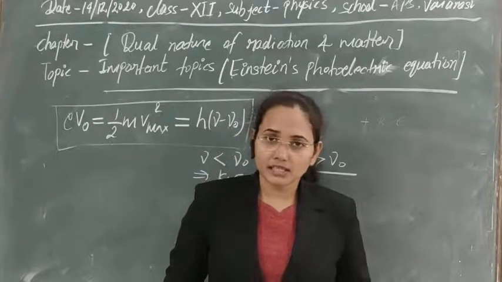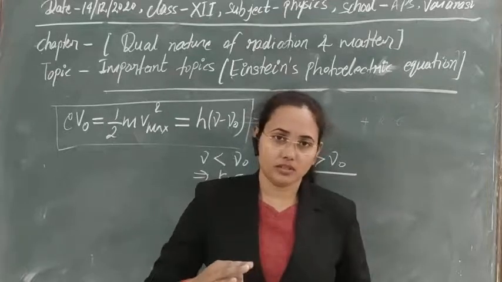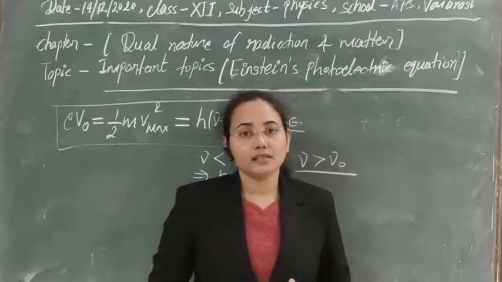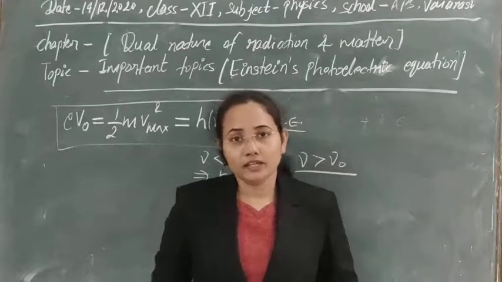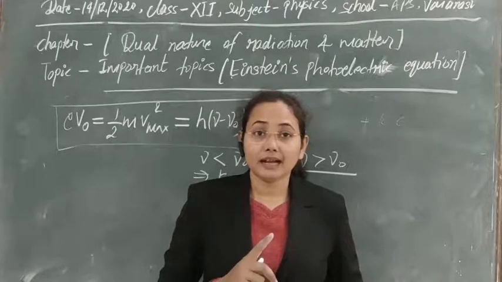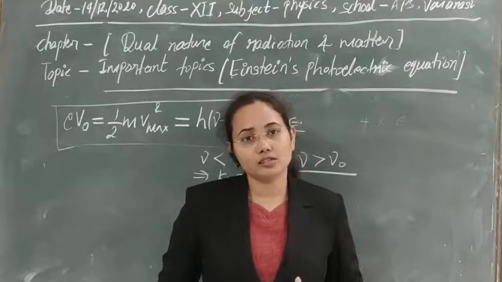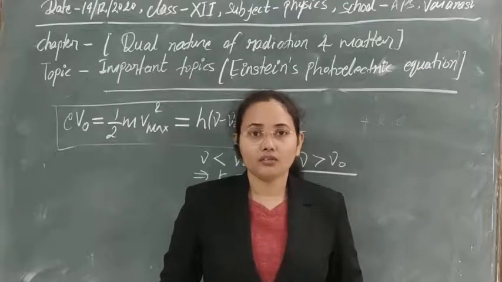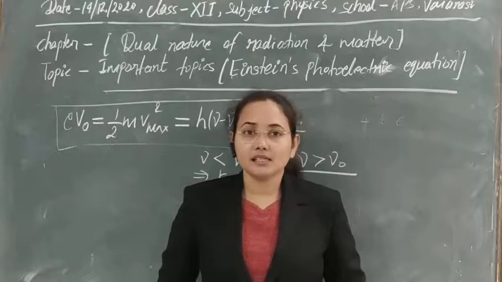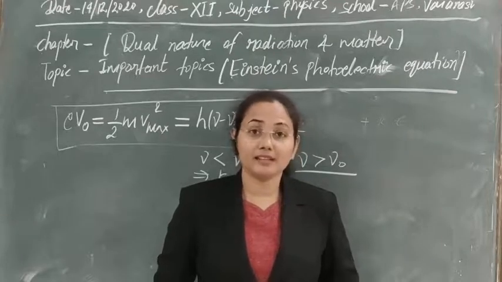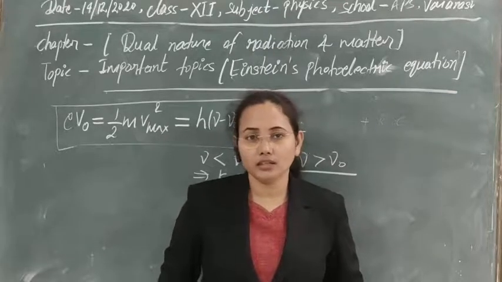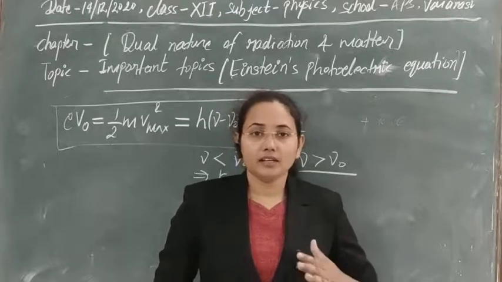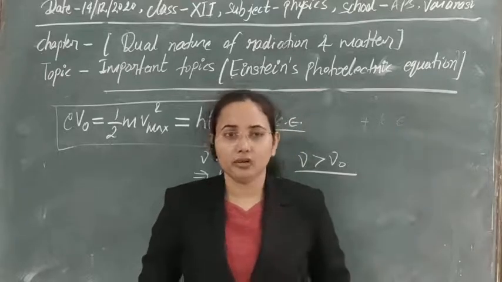Then if velocity is increasing, kinetic energy will also increase. So according to the wave concept, if the intensity of radiation increases, then the kinetic energy of ejected photoelectrons will also increase. This concept is totally wrong. We know that the kinetic energy of ejected photoelectrons depends on the frequency, not on the intensity of radiation. Clear? So that's why the wave theory failed to explain the photoelectric concept.